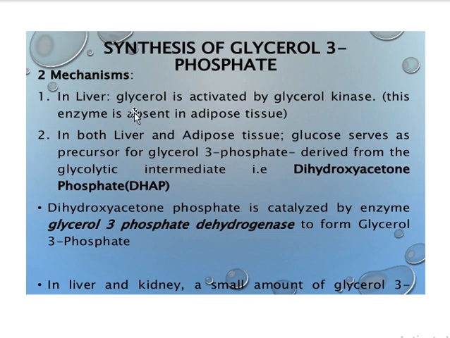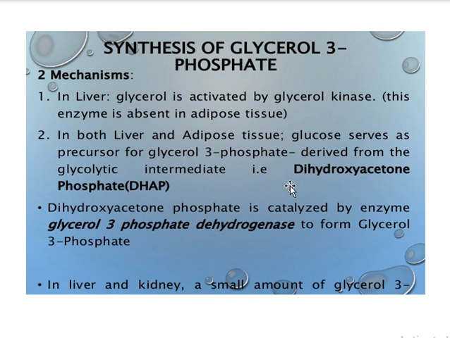The glycerol which reaches the liver is directly converted to glycerol 3-phosphate by the enzyme glycerol kinase. This enzyme glycerol kinase phosphorylates the glycerol into glycerol 3-phosphate.